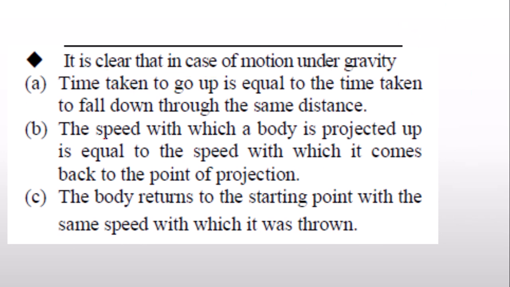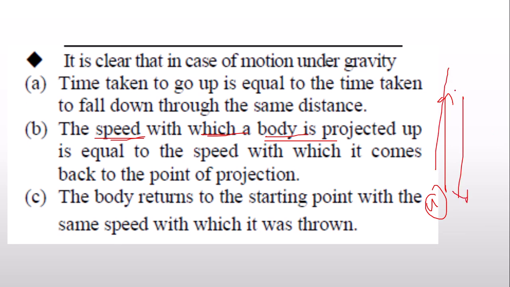And the speed with which the body is projected, means with what speed we are projecting the body, again after going up and coming back, with the same speed it will touch the ground, but the direction will be opposite. With plus u velocity it will go up, and with minus u velocity it will come down.